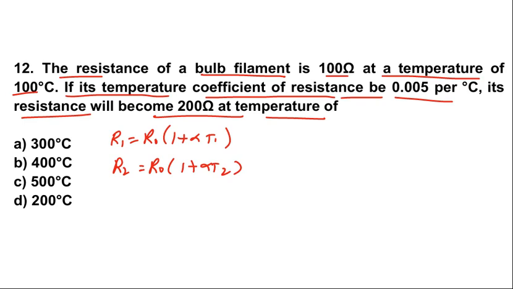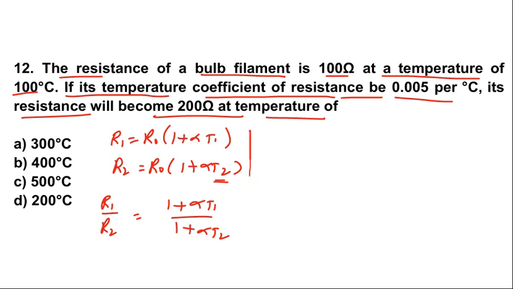In the previous video also I have explained regarding this model. For calculating the T2 value, simplify: R1 by R2 equals 1 plus alpha T1 by 1 plus alpha T2. R0 gets cancelled.